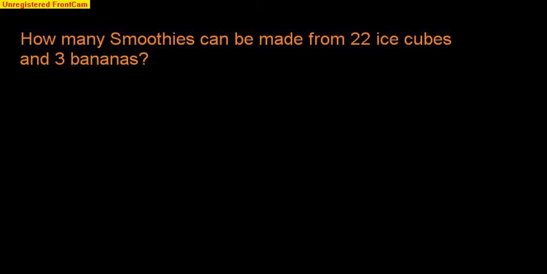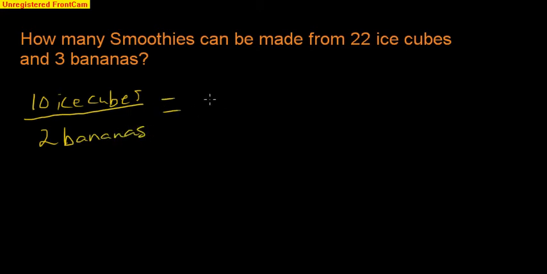Well, the first thing I want to do is set up a ratio again. So I know from my recipe that 10 ice cubes are mixed with 2 bananas. Actually, let's back up just a second here.